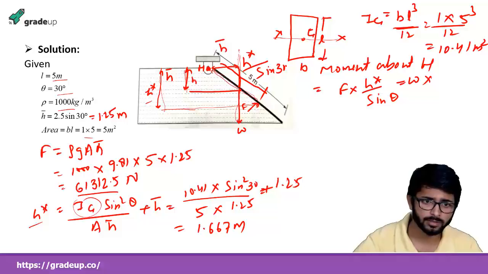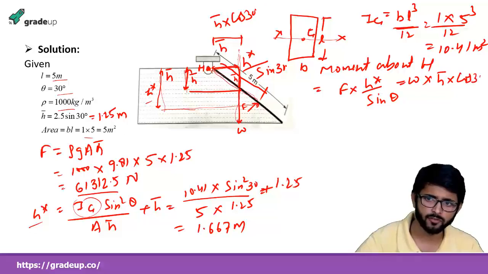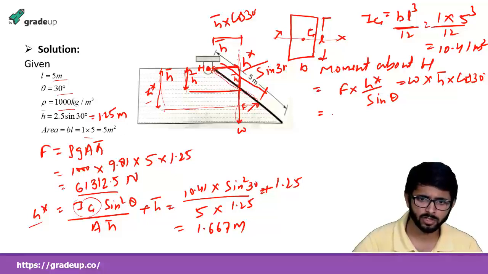This is the H bar, so this length will become H bar into cos 30. So H bar into cos 30. You just have to take the moment about a point. It is not very difficult.